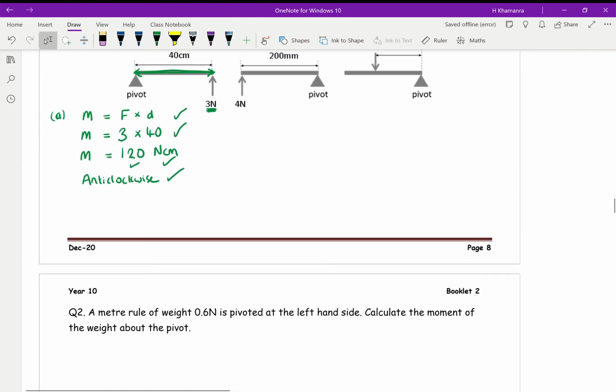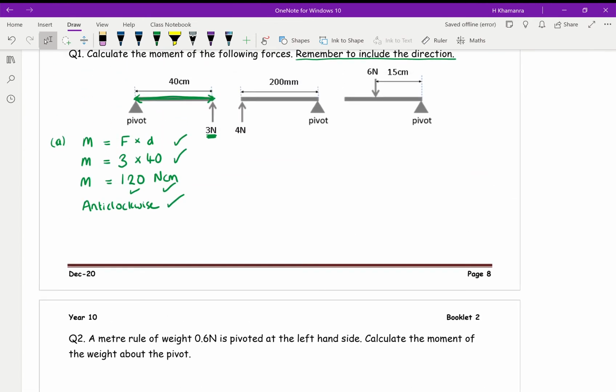So I'm going to do both these two examples here. So example B, equation: moment equals force times distance. My force in this case is 4 newtons, and forces are always measured in newtons, so I know I'm right. My distance between the pivot and the force is 200 millimetres, so I write in 200.